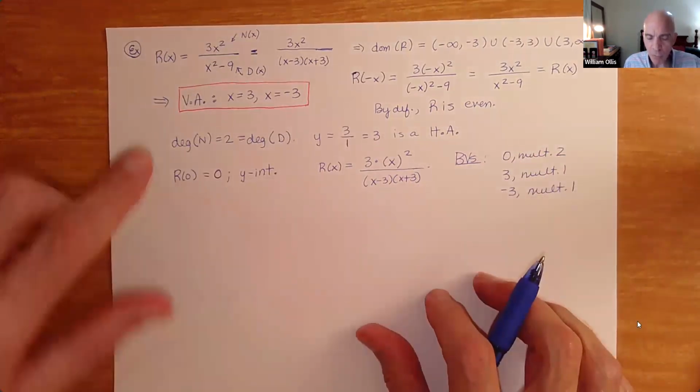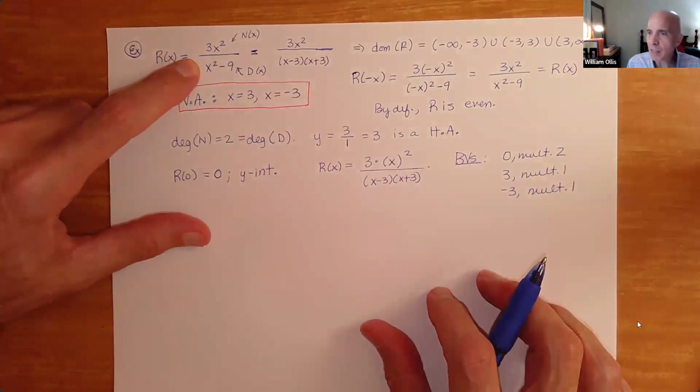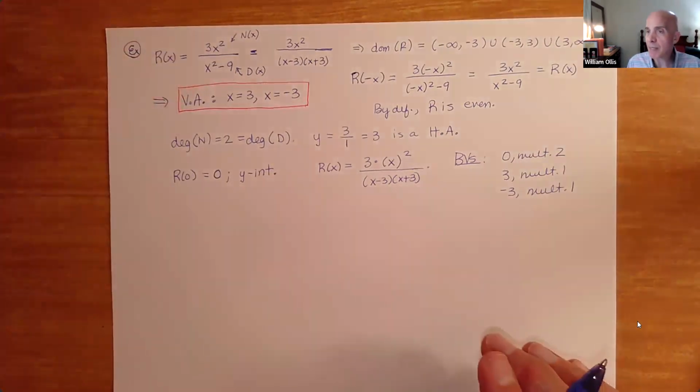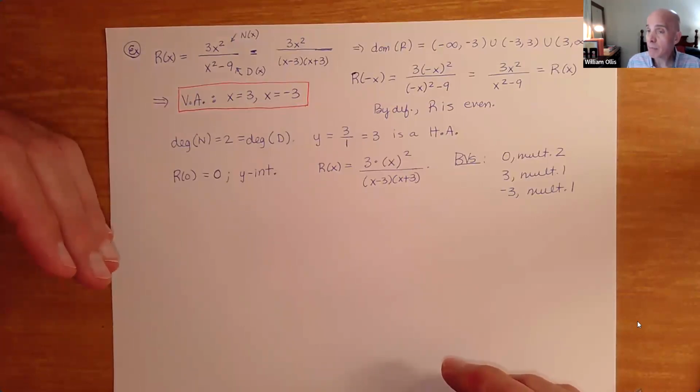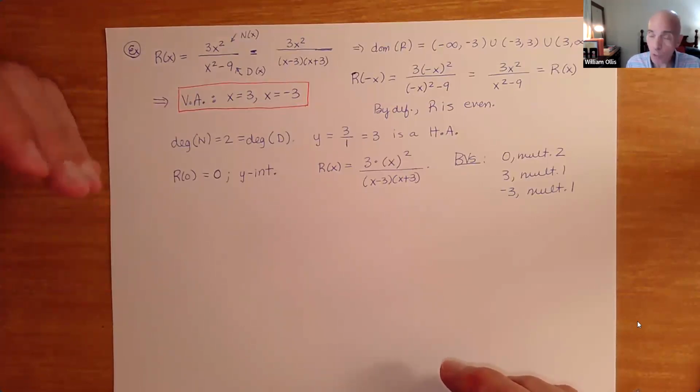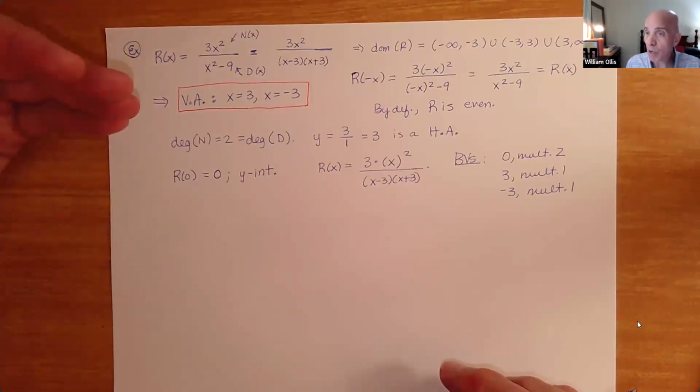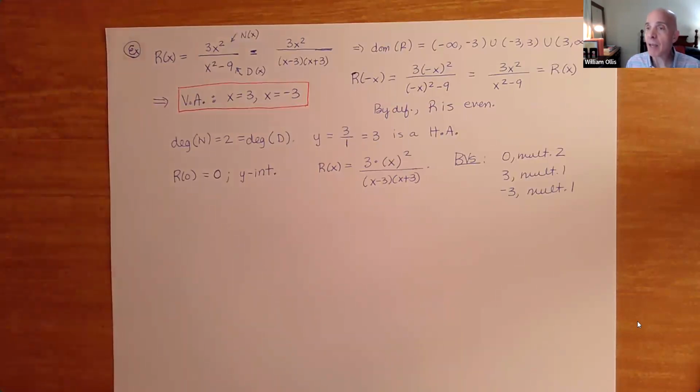So remember the way that we affect the sign test, and you'll do the same in the calculus, is we look for real numbers for which we have undefined, and we look for real numbers for which we have zeros, because that will indicate possible places in the domain of the function where the sign will change. And of course, we don't include the 3 and the negative 3, but we're thinking on either side of the vertical asymptote, we could get a sign change.